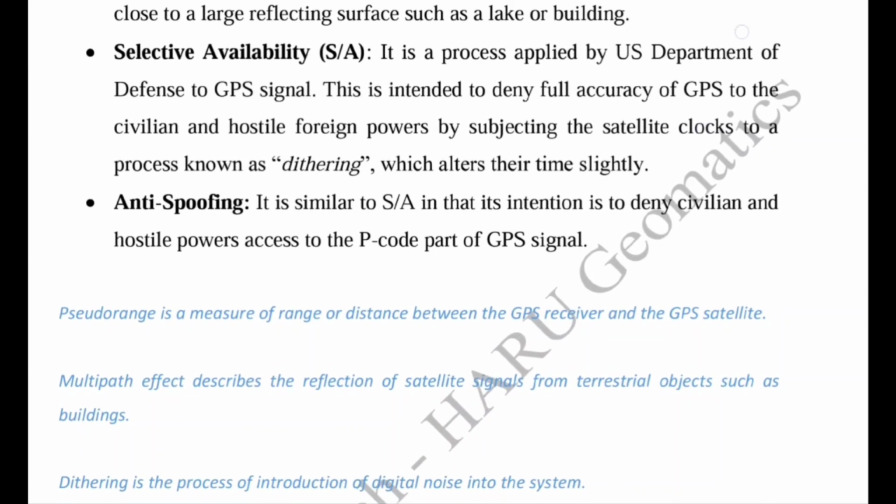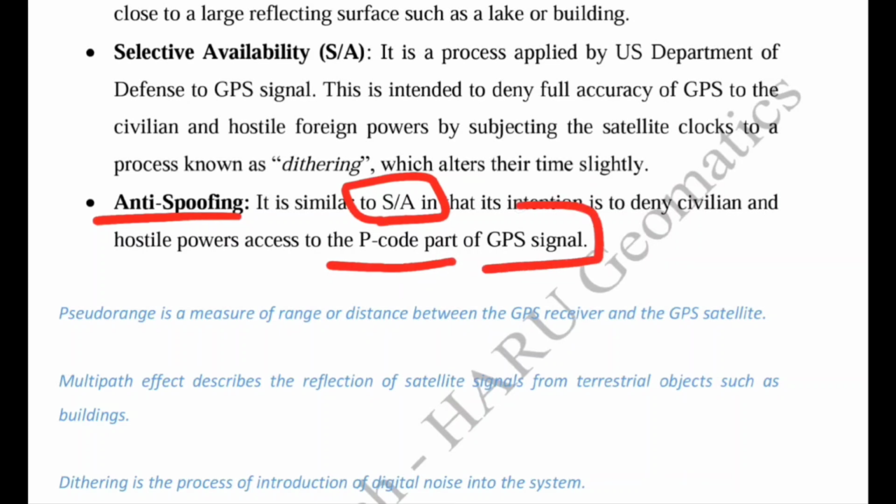Now there is another source of error which is known as anti-spoofing. It is similar to selective availability, in which the intention is to deny civilian and hostile power access to the P code part of the GPS signal. It means not all GPS receivers can receive or decode the P code, which is transmitted from the satellites and has higher accuracy than the C/A code.